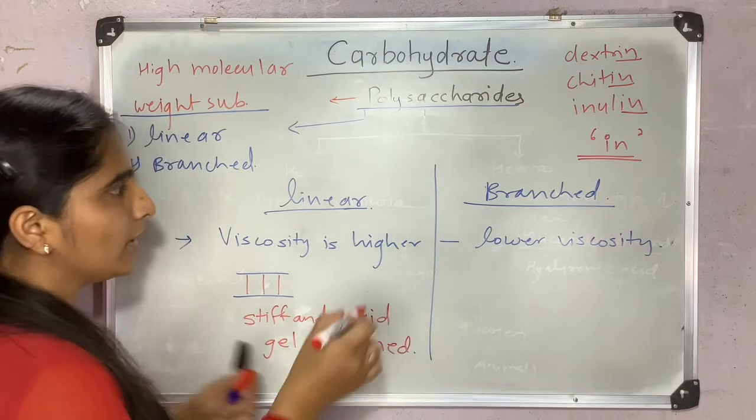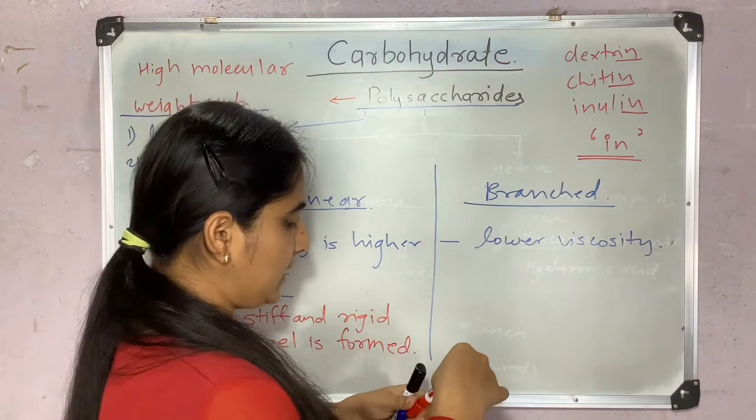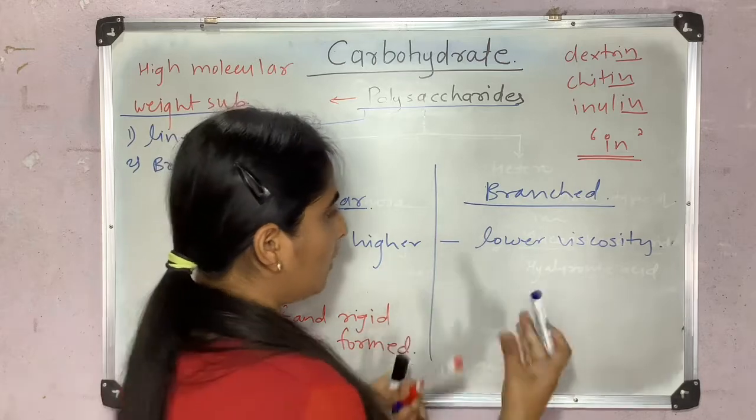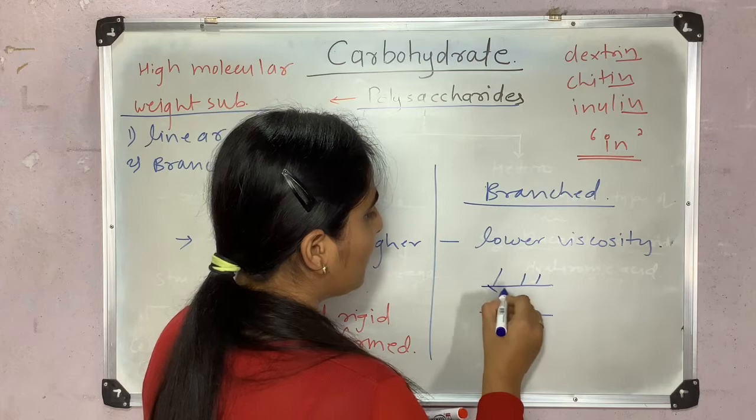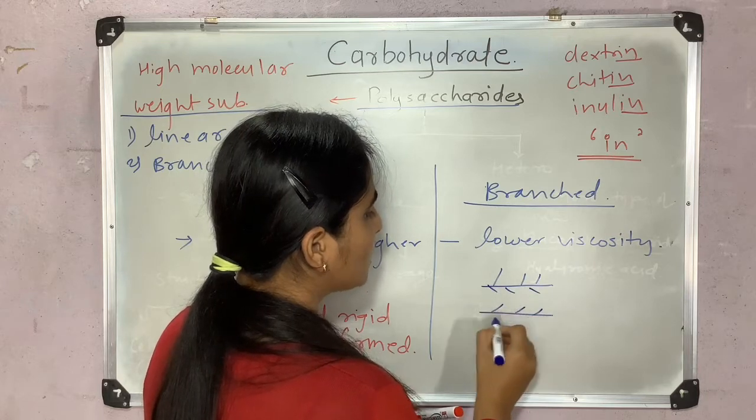While in branched polysaccharides, these branches prevent hydrogen bonding to some extent.